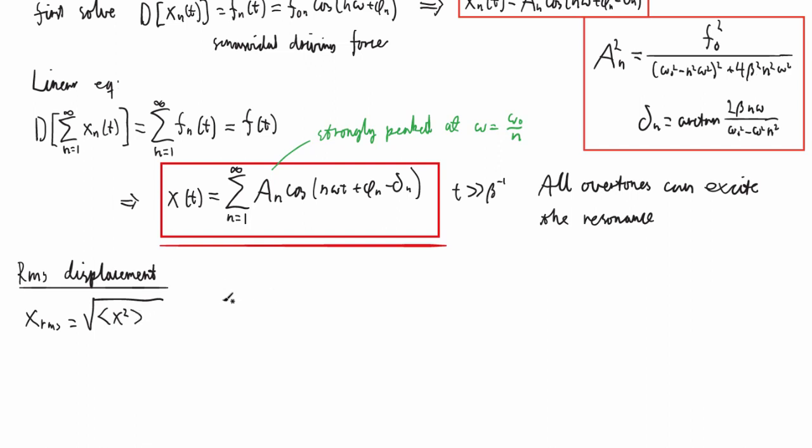Right? So in order to calculate the average of x squared, we just have to take the integral over one period and normalize by the length of the period of x of t squared dt. And that's what we need to calculate.